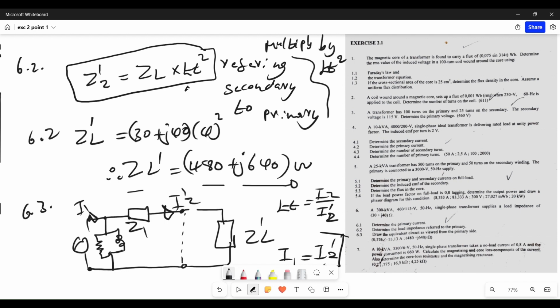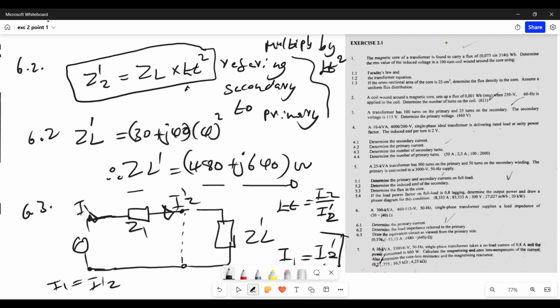But because in this case we are told to calculate the primary current, and it was possible for us to calculate the primary current using the KT, the primary current is I1. The only way it can be possible to calculate I1 straight using KT is when this magnetic circuit is not there. Meaning I1 is not equal to I prime 2 plus I0, because the magnetic circuit is out and I0 is no more there.